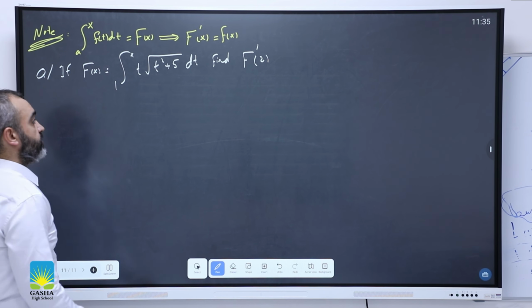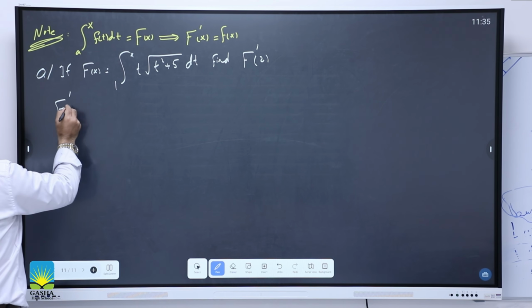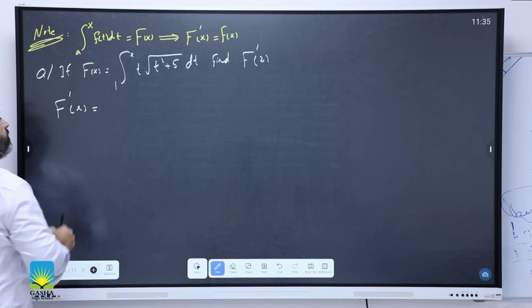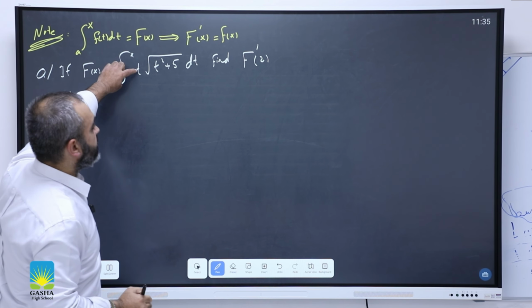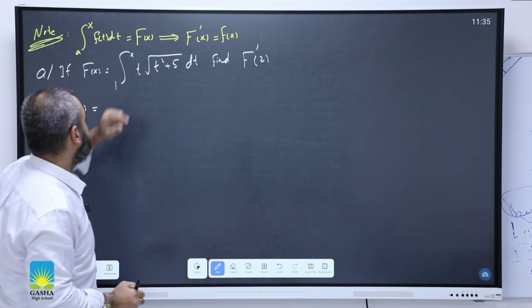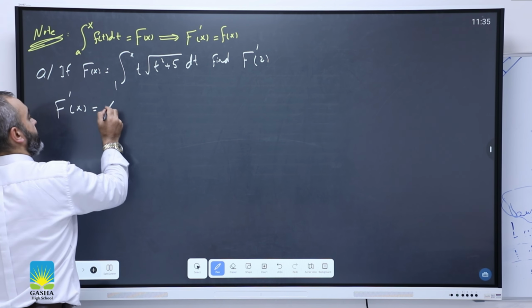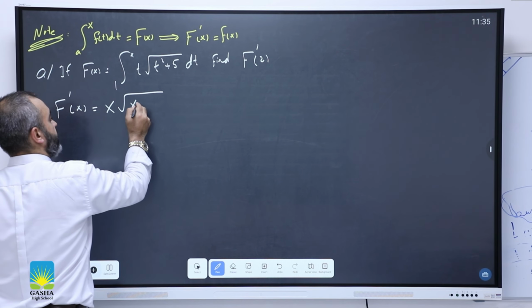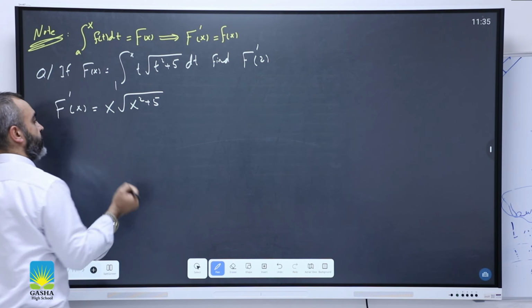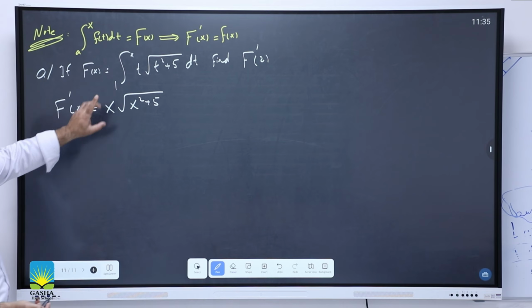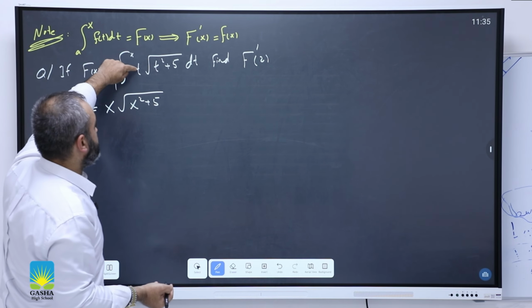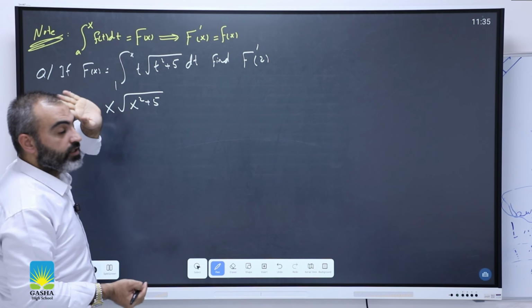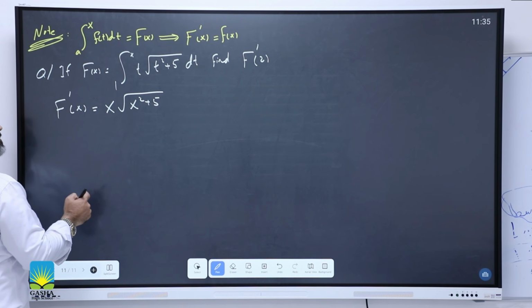Find f prime of 2. What's the f prime of x here? F prime of x, we replace t by x. So it's x square root of x squared plus 5. So this is f prime. Only we change the letter t into x. Only this is the derivative.